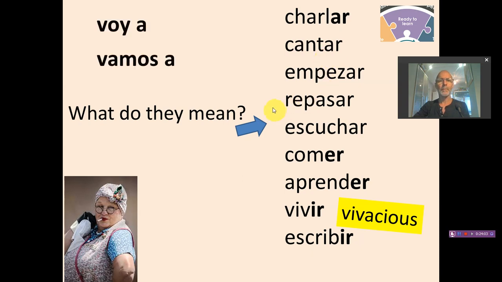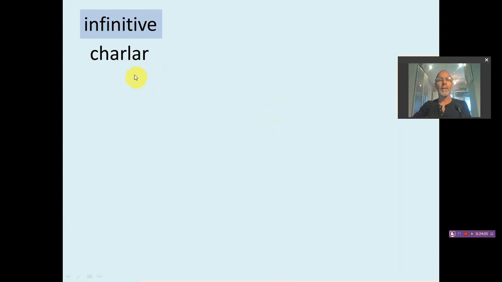So this part of the verb that we've just looked at, that list, is called the infinitive of the verb. It's not terribly important that you remember that. It's a grammatical phrase, but I'd like you to know that that is the name of this part of the verb, the infinitive. What I'm going to show you is what you have to do to modify the verb to change the meaning slightly.